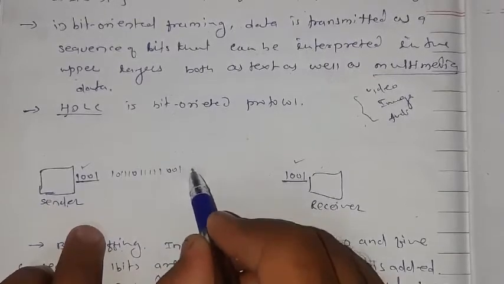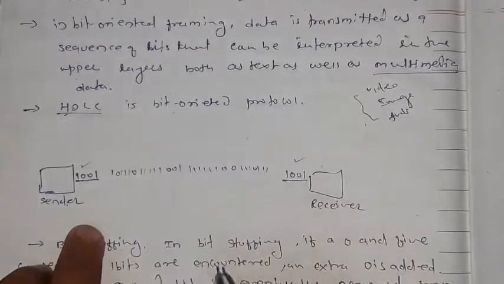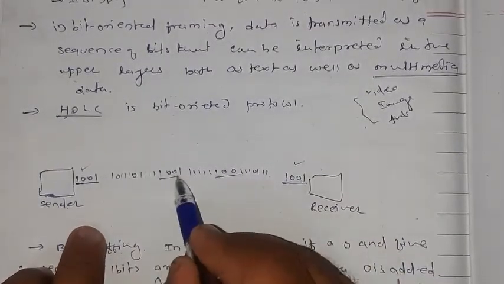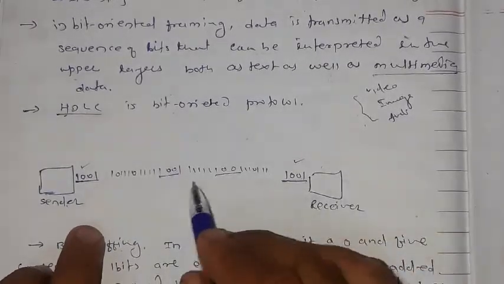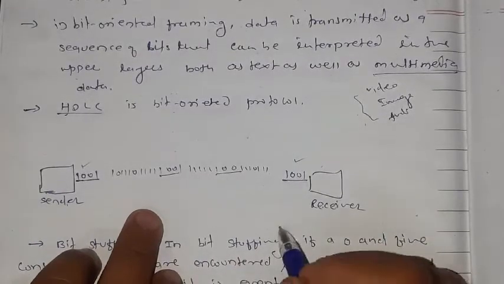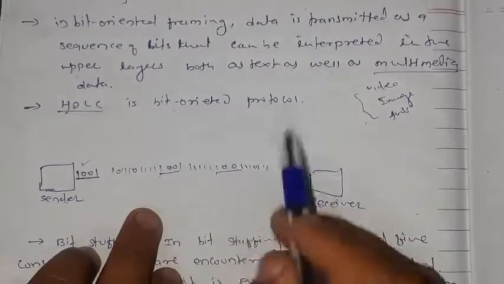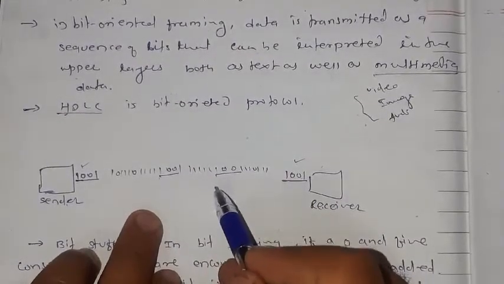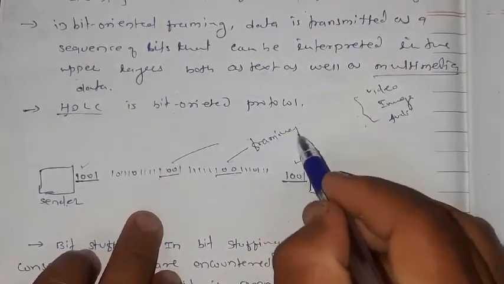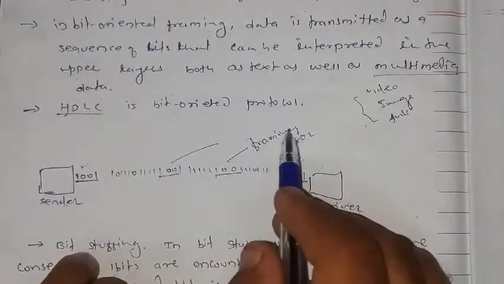In between this data set, if the sending and receiving pattern is repeated, like here and here two times, then due to this repetition, sometimes the receiver assumes this is the end or here is the end. So we have already seen this kind of problem, and that kind of problem is called framing error.